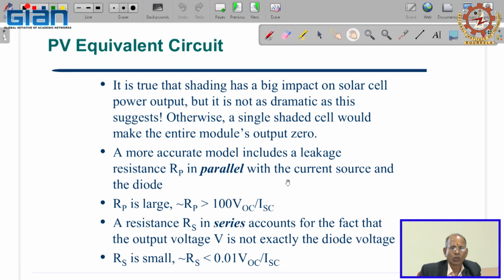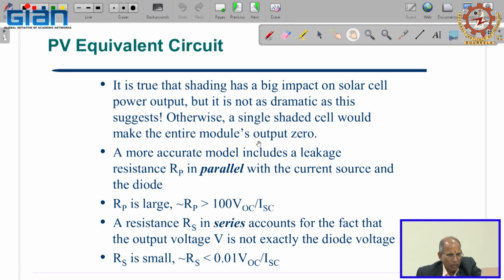When we talk about a little more realistic model, there are several models proposed in the literature. Researchers keep working to develop more and more accurate models for the PV system. A fairly accurate model has a small resistance RS in series and a large resistance RP in parallel.